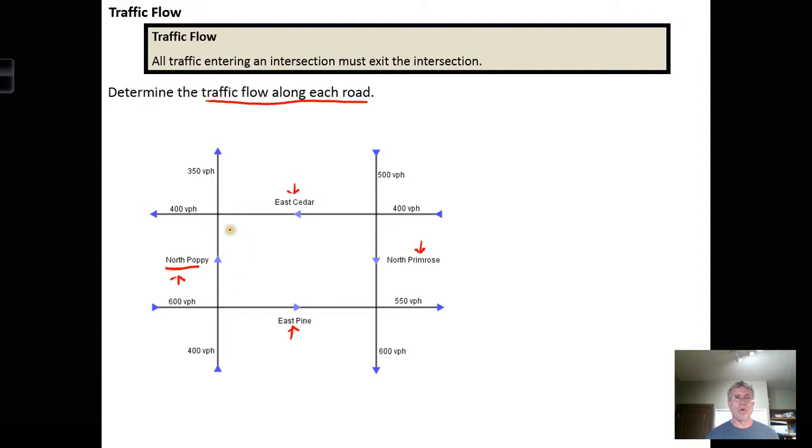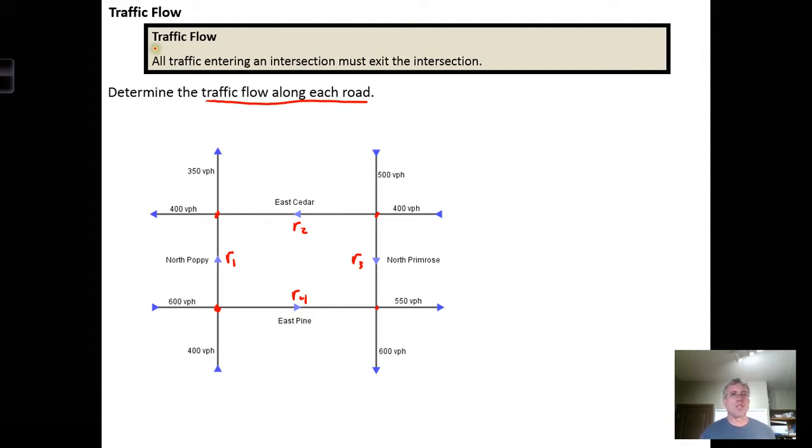We don't know the traffic flows along these four streets, but we do know the traffic flow either coming into or flowing out of each of the four intersections that connect those streets. So we give each street a variable name: this is road number 1, this is road number 2, here's road number 3, and here's road number 4. We want to model the traffic flow along each of those four roads.